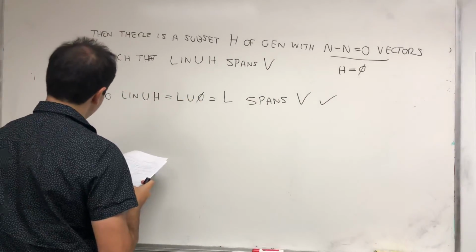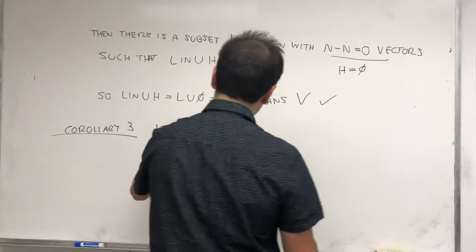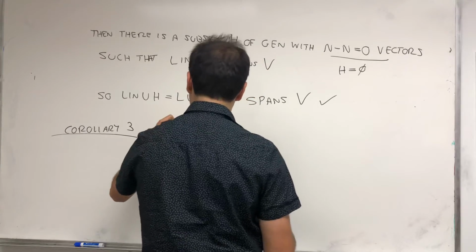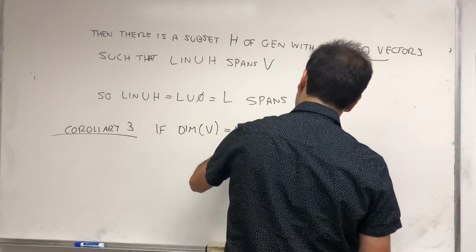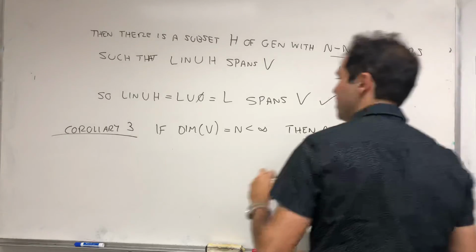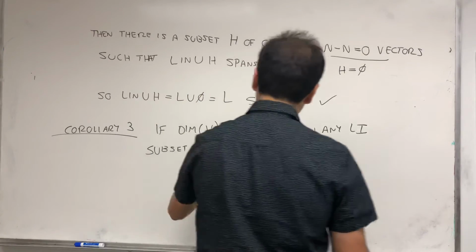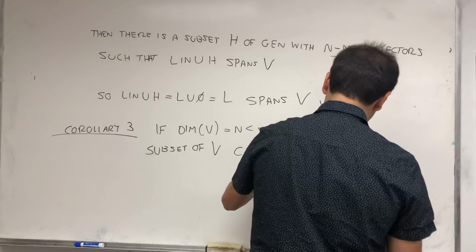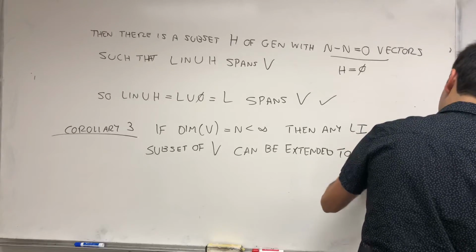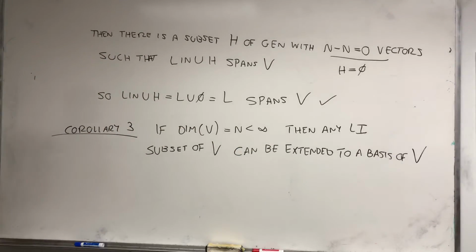So corollary 3: if V is finite dimensional, so if dim V equals n, which is finite, then any linearly independent subset of V can be extended to a basis of V. And this is so important.